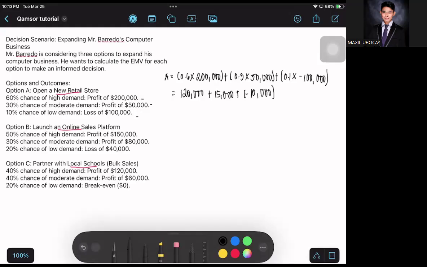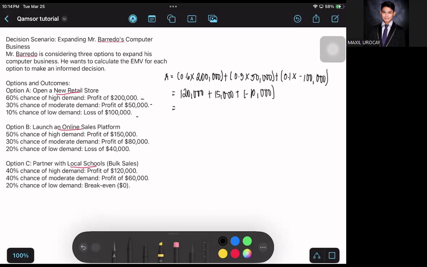So what you need to do right now is 120,000 plus 15,000 minus 10,000, because adding a negative is still subtracting.